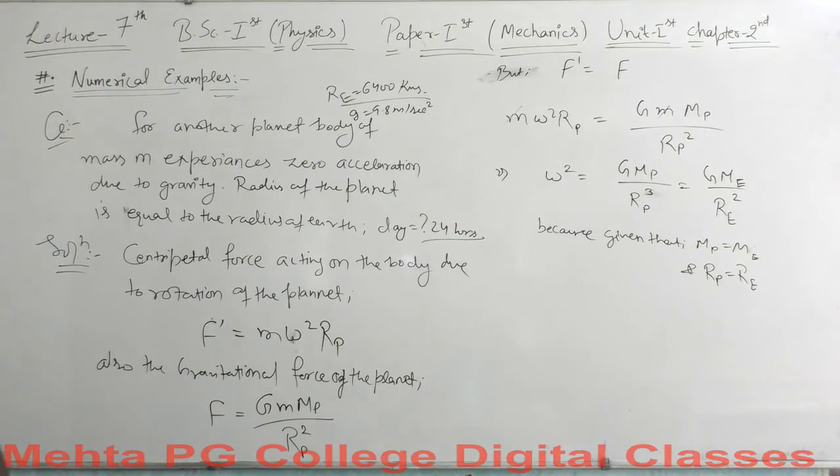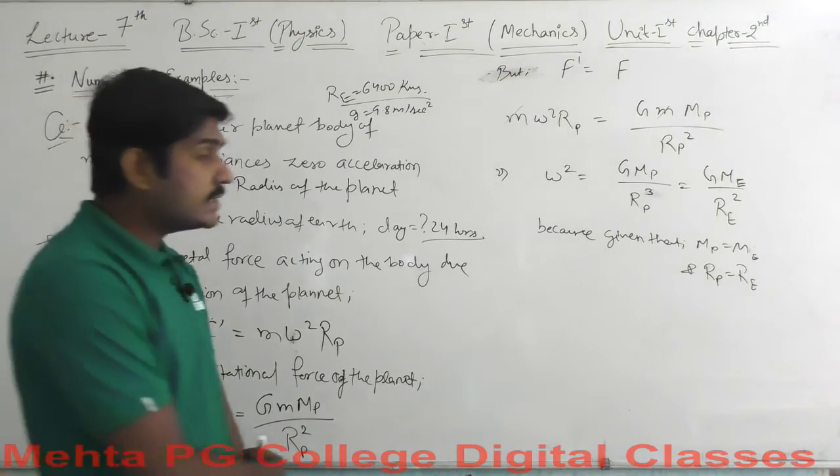But the acceleration due to gravity at the planet, gp, is equal to this value, and it will again be equal to the acceleration of the earth here.